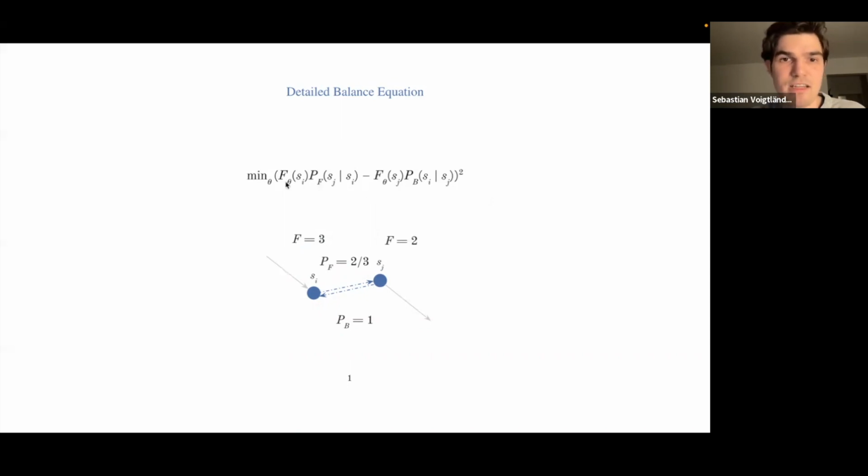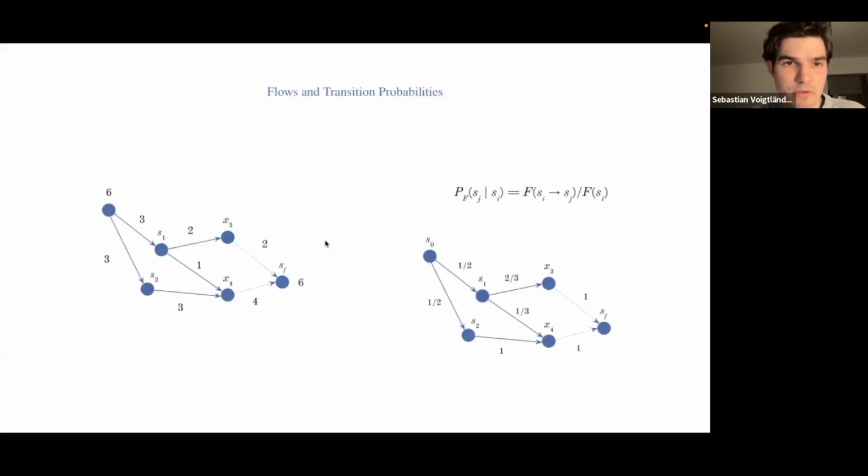It's very similar to the detailed balance equation in the context of Markov chains. It says that the total flow multiplied by the forward probability has to be equal to the flow through the target node times the backward probability. As a numerical example, you could have a flow of 3, and this is actually coming directly from the numbers that you can see here.